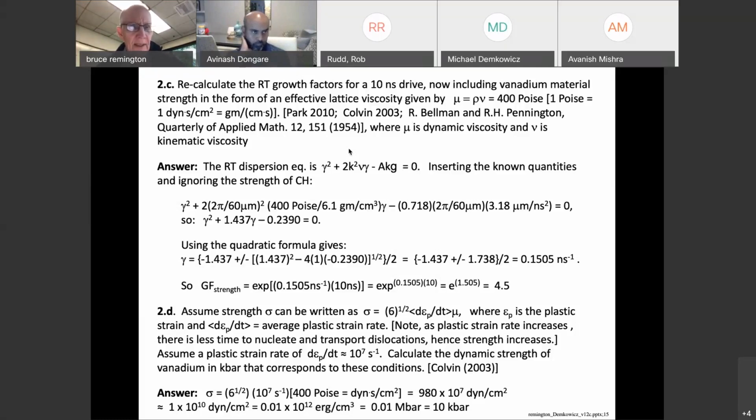So the answer, plugging in, sigma, the strength, equals the square root of 6 times 10 to the 7 inverse seconds times 400 poise, gives you just about 1 times 10 to the 10 dynes per square centimeter, which corresponds to 0.01 megabar, which corresponds to 10 kilobars. So that's the strength calculated with this formula.